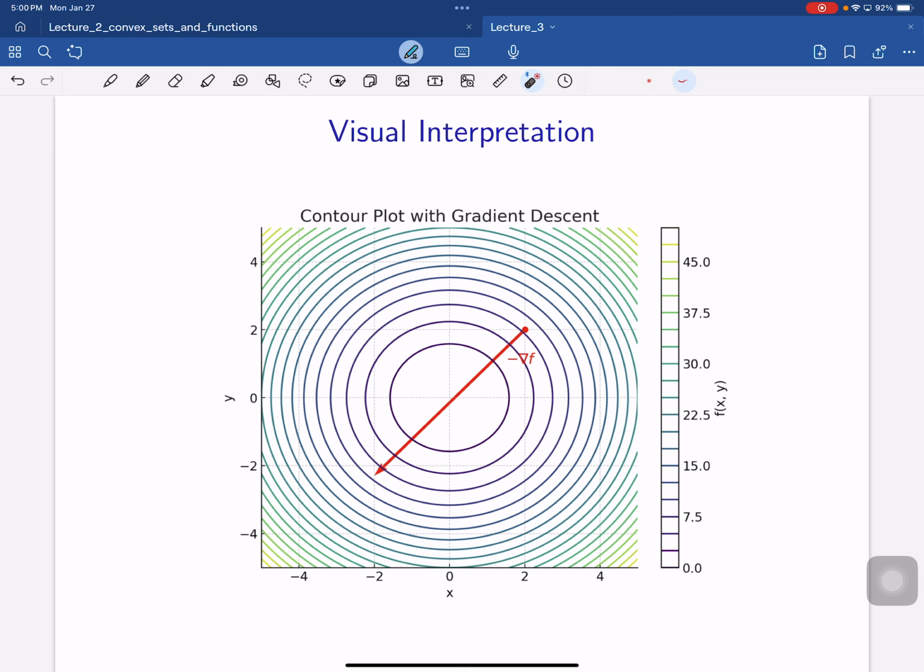You can take the gradient direction at this particular point, but the question is, you don't know how far you want to go. If you go too far along this direction, you will overshoot. If you take a very small step, you will take many iterations to get to the minimum point.